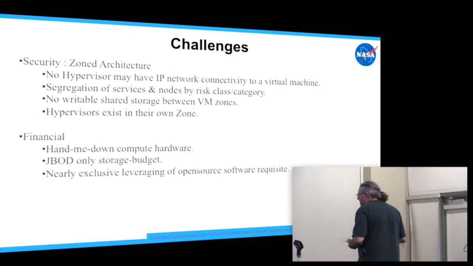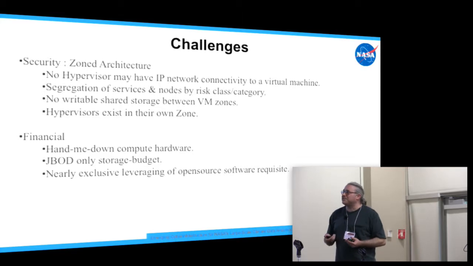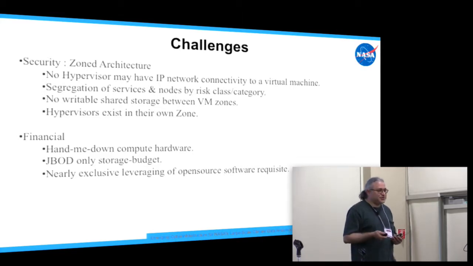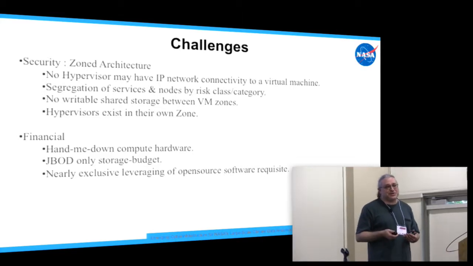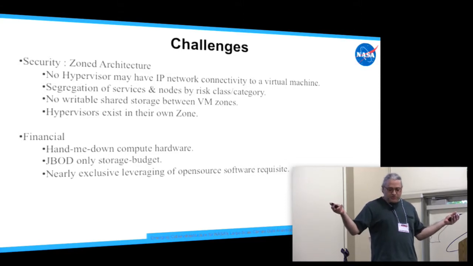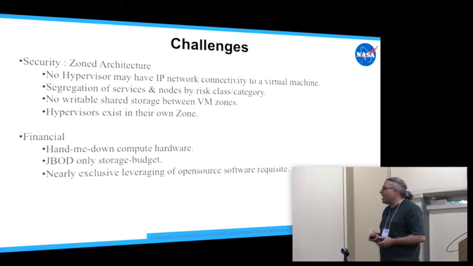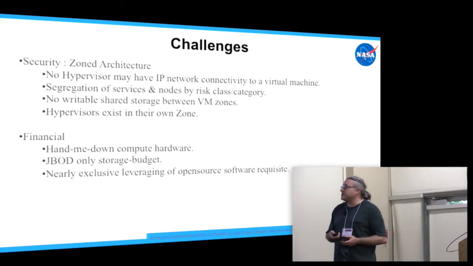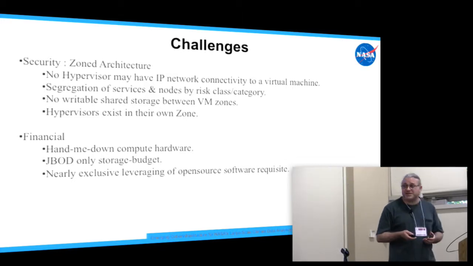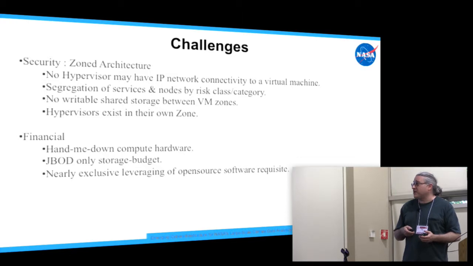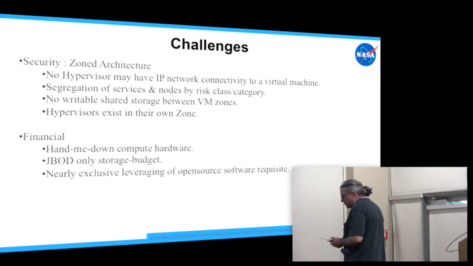This started as a proof of concept system, so a lot of the hardware I needed to use were hand-me-downs from the larger, more conventional cluster that still runs most of the NCCS jobs to date. We used exclusively JBODs and commodity SAS disks, and nearly exclusive leveraging of open source software.